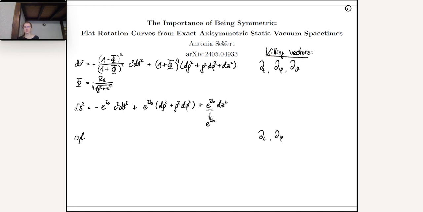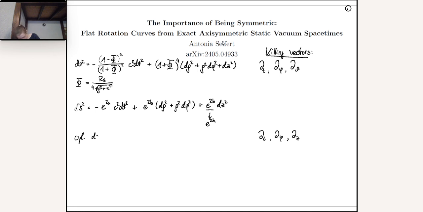And for the cylinder solution, I choose a third Killing vector, being the del z coordinate vector, which means that the line element is independent of the z coordinate.